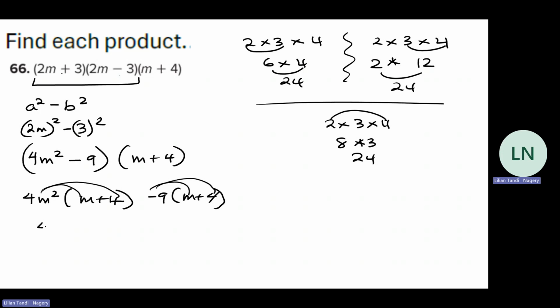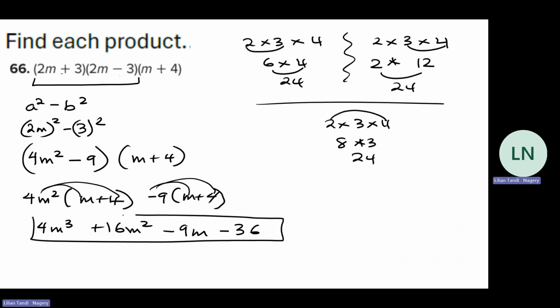So this becomes 4m cubed plus 16m squared. This becomes -9m, and that becomes -36. And this is your answer.